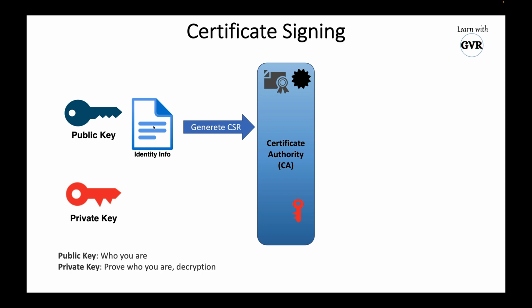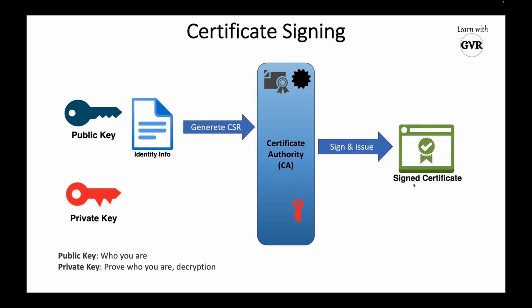With my identity information, the CSR will be sent to the certificate authority. The certificate authority also has a private key, and it will sign and give me a signed certificate. So this signed certificate I can use in my web server, as we have seen in the first step. This is how the certificate signing process happens.